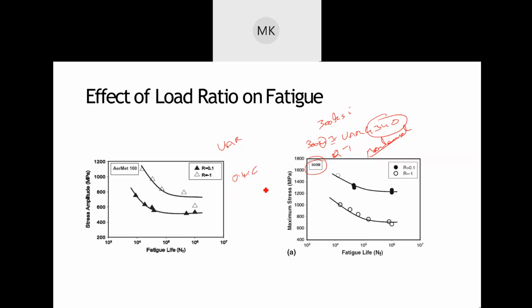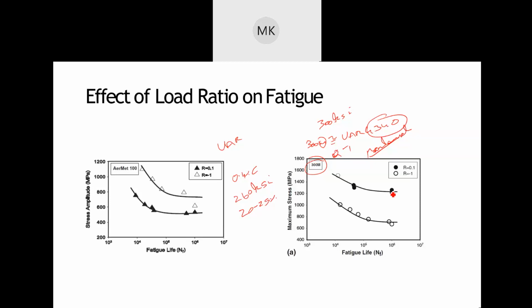This material actually has a little less strength, basically like 260 to 270 ksi, but it has like 20 to 25% ductility, so it won't crash. In a sudden loading condition, it will plastically deform rather than having a disastrous failure. So that was the major difference.